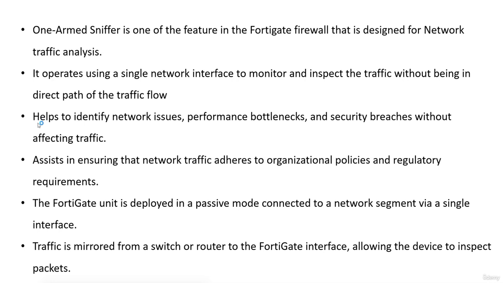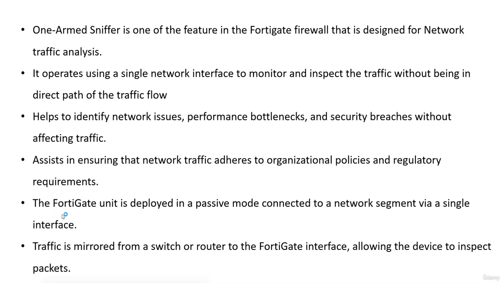Fine. So as said, it helps to identify network issues, performance bottlenecks, and security breaches without affecting the traffic. The reason it's not affecting the traffic is that it's just monitoring the traffic. It's not going to take action based on the rules. It assists in ensuring that the network traffic adheres to organizational policies and regulatory requirements. Fine.